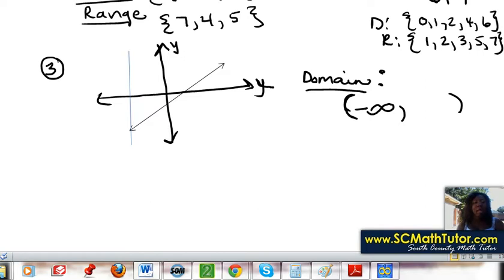Then you keep going, and notice how your x line does not end. You end up hitting another arrow, so it ends at positive infinity. It goes on and on forever. So that's your domain: from negative infinity to positive infinity.